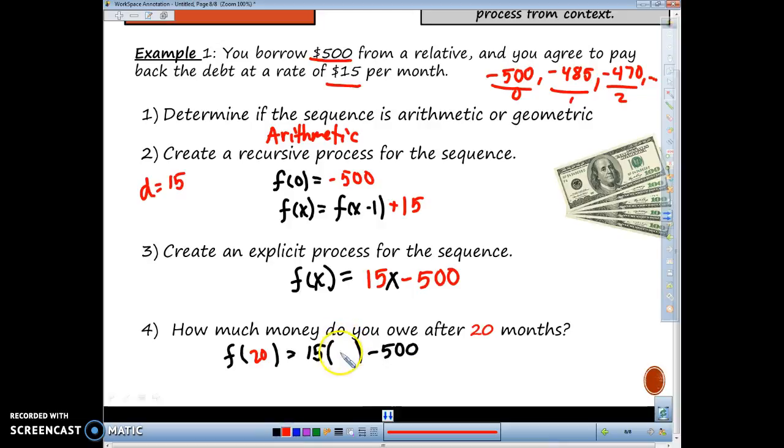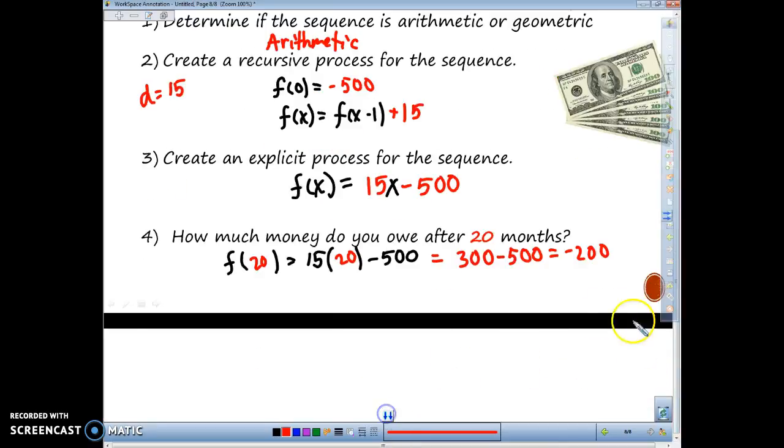So f of 20. Okay. And what I want to do is go ahead and solve this. So 15 times 20, that is 300. Minus 500 gives me negative 200. And we want to answer this question in a complete sentence.